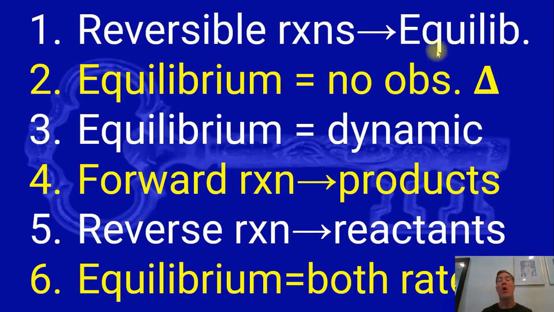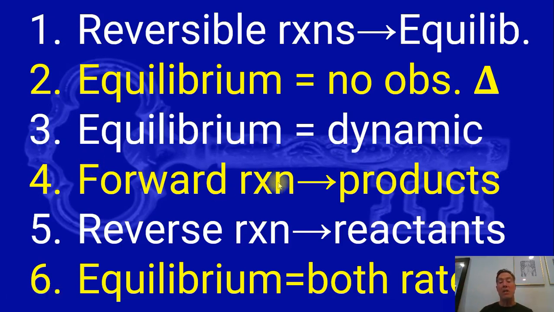At equilibrium, there are no observable changes in concentration or pressure of the reactants or products, and yet it doesn't mean that the reaction has stopped. It means that the forward and reverse rates, which are continuing to happen, are in balance. The cannonballs being fired from both armies are at the same rate, and so there's no net change of cannonballs from one side to the other.